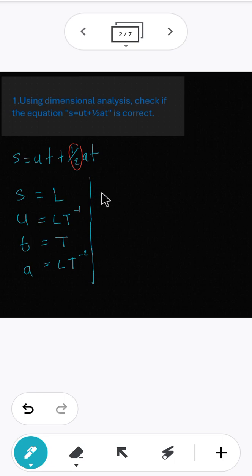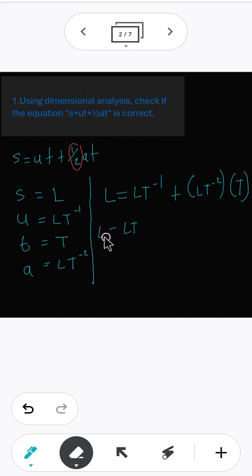So this equation will become L, which represents S, equal to, what is your U? Your U is LT minus 1, plus, remember we're not making use of a constant, so this is LT minus 2 multiplied by T. So we have L equal to UT, sorry, my bad.